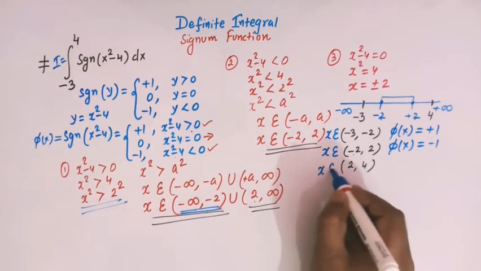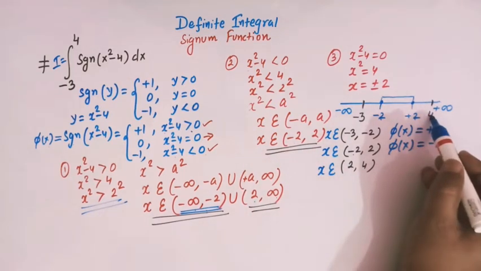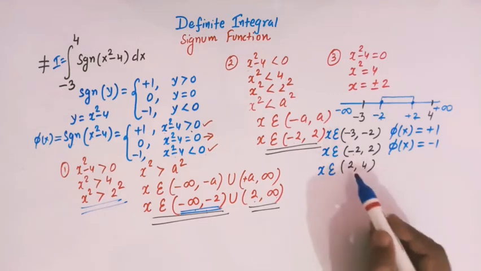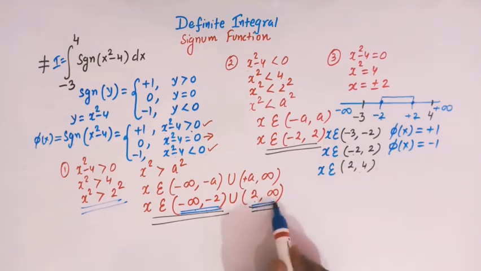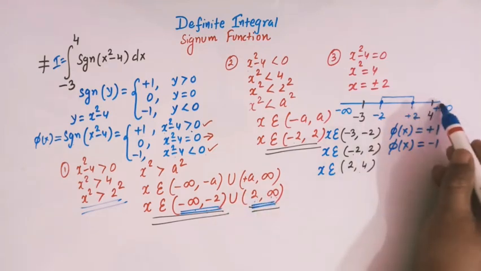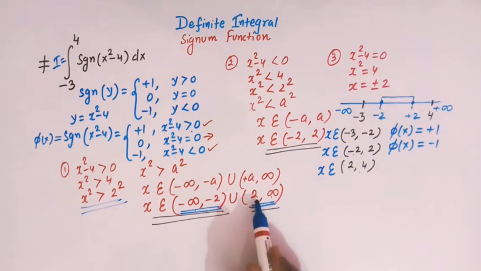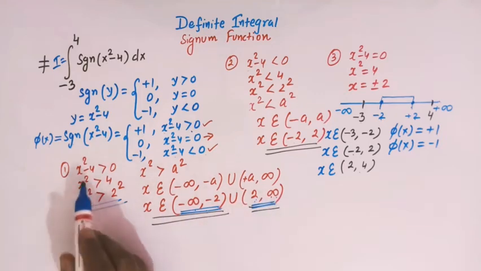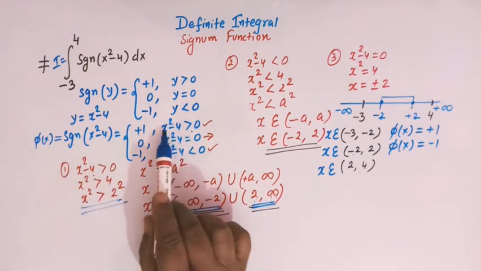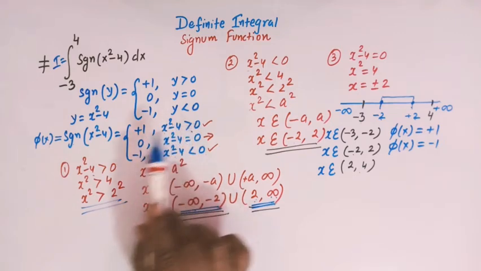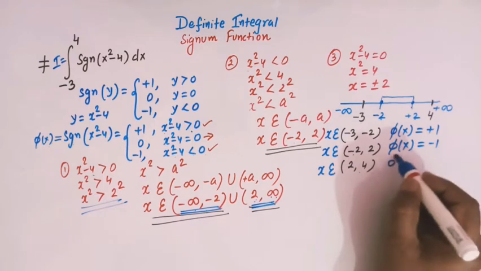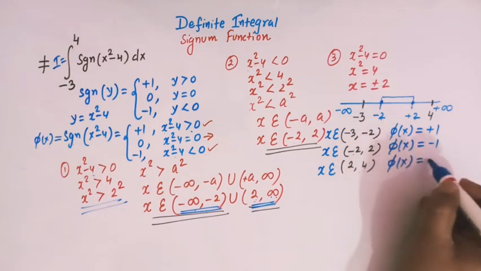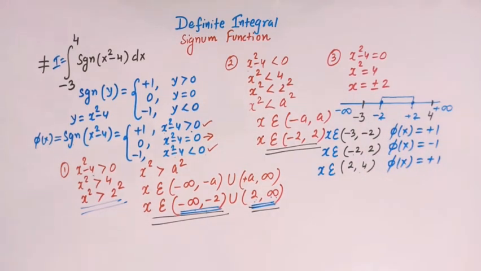And when x belongs to 2 to 4, this interval lies in 2 to infinity, which has come from solving the inequality x² - 4 > 0, and then phi of x will take the value +1. So here phi of x = +1.